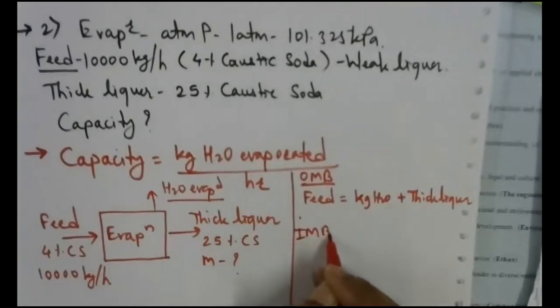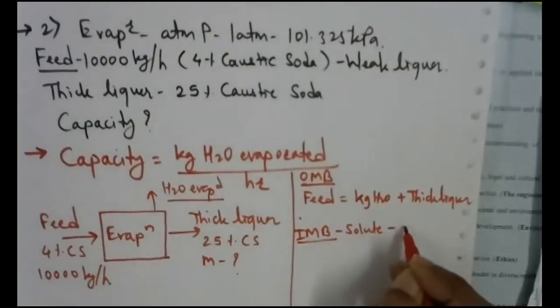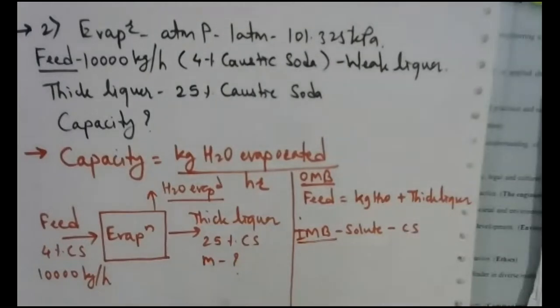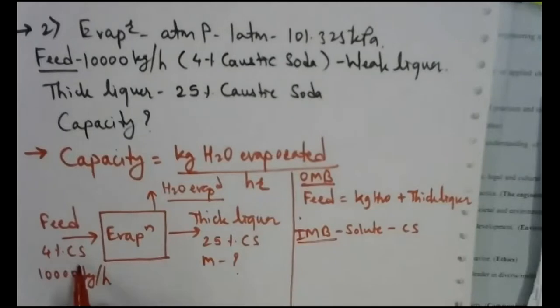And the individual material balance for the solute, now in this case caustic soda, is in the feed. 4% of caustic soda is there, right? So it is 0.04, and the mass flow rate is 10,000 kg per hour.